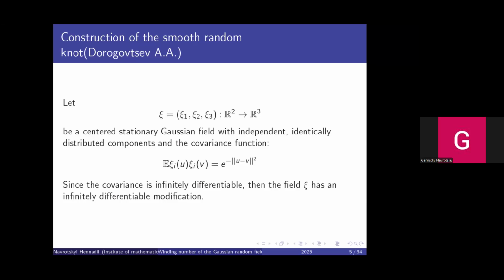This Gaussian field is isotropic, and since the covariance is infinitely differentiable, it also has an infinitely differentiable modification. Further, we consider the properties of this infinitely differentiable modification.